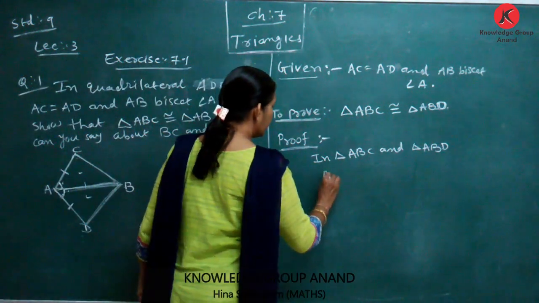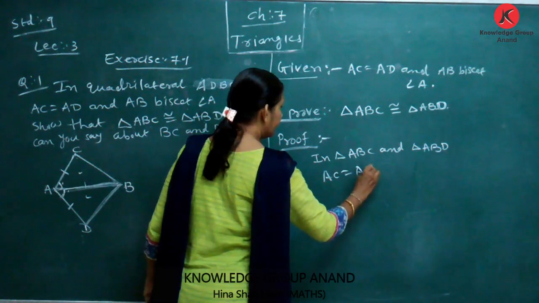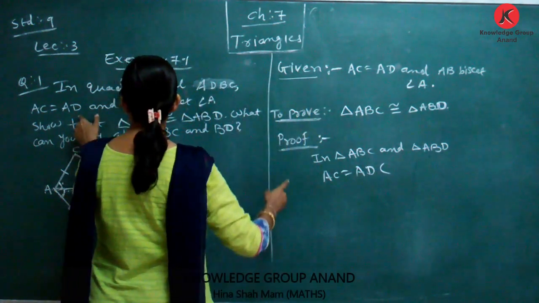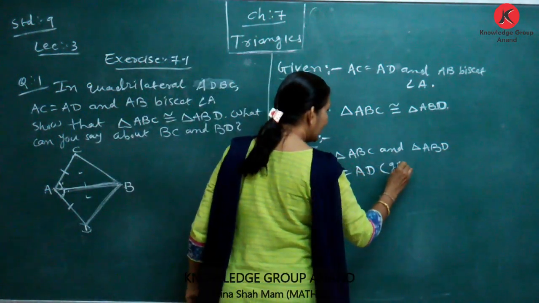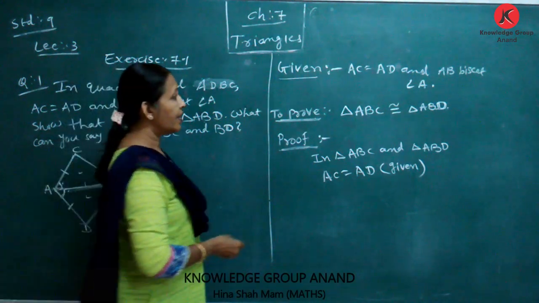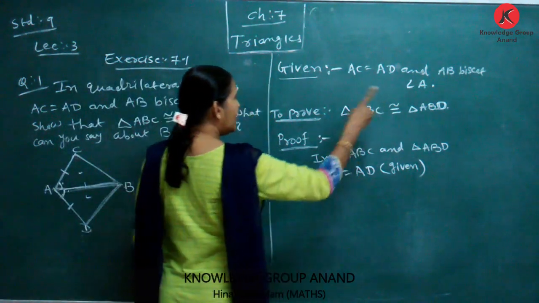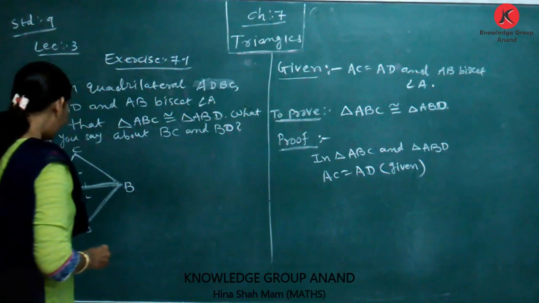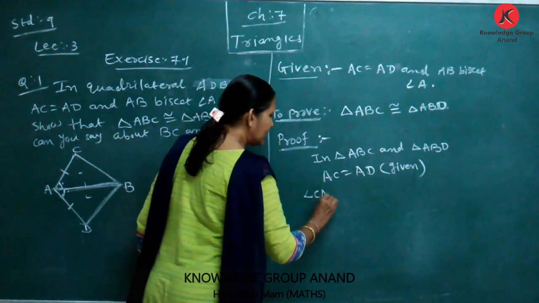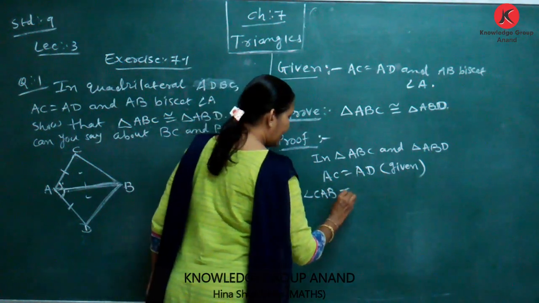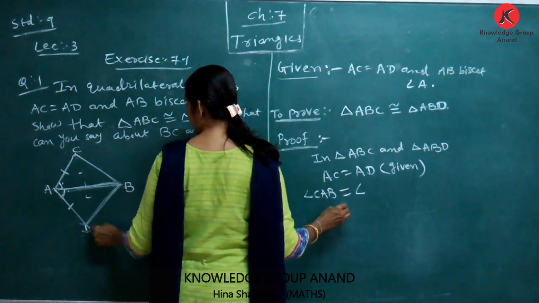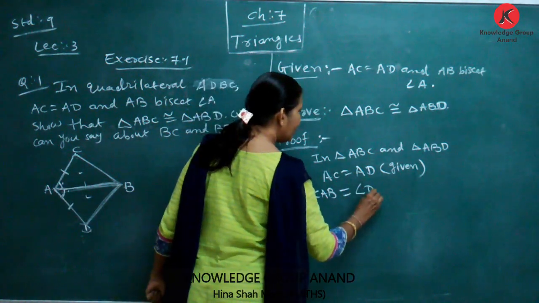AC is equal to AD, which is given. Here we write "given" in brackets. AB bisects angle A, therefore angle CAB equals angle DAB.